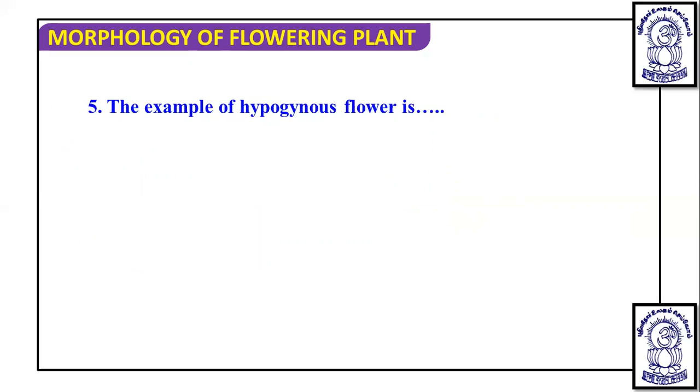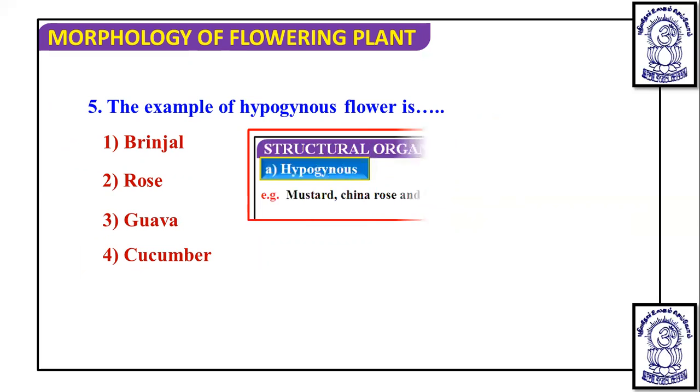The examples of hypogynous flower, as we have just discussed, are mustard, China rose, and brinjal. So mustard is not there, China rose is also not there, but brinjal is there. So brinjal is going to be the answer. Which type of flower shows inferior ovary?